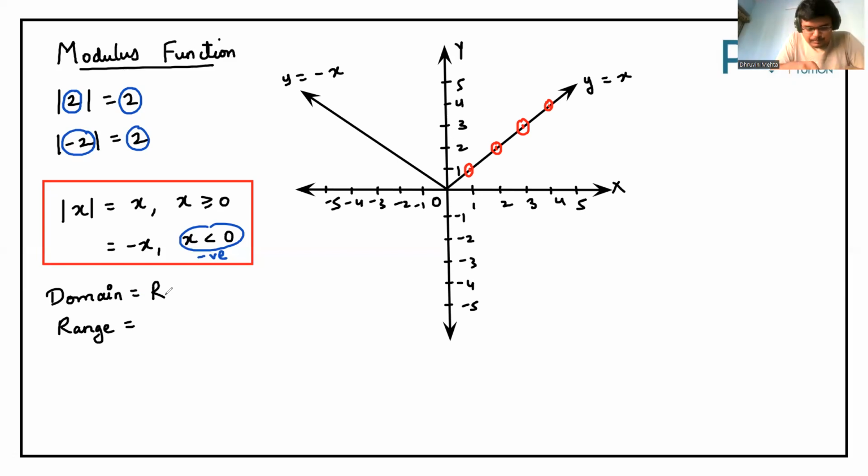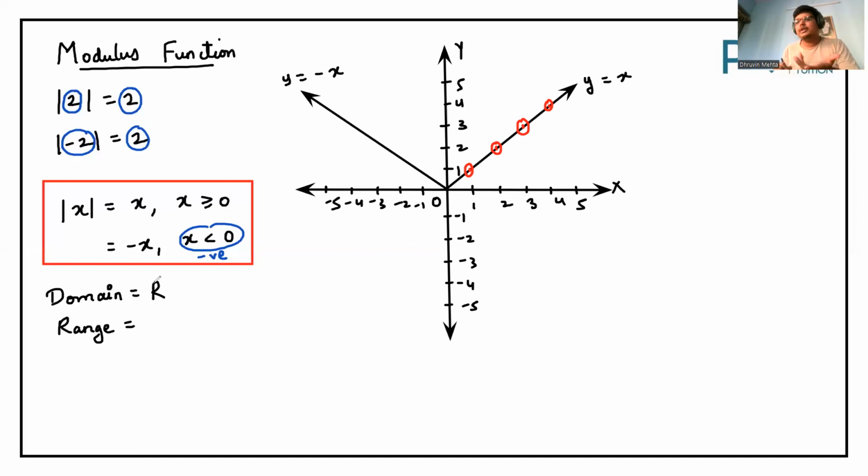Coming to range, range means all possible answers. Now, do you realize the answers are always going to be positive? So positive answers, and the answers can be decimals also. You told me all integers or natural numbers, but it can be decimals also.